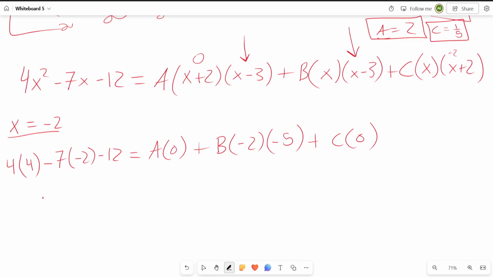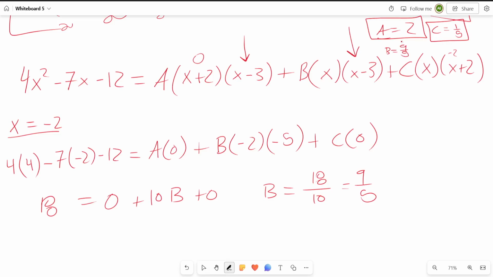This is going to give me 18 equal, this is 0, minus 2 times minus 5, that's plus 10b plus 0. So b is going to equal 18 over 10, which is 9 over 5. So now b equals 9 over 5.